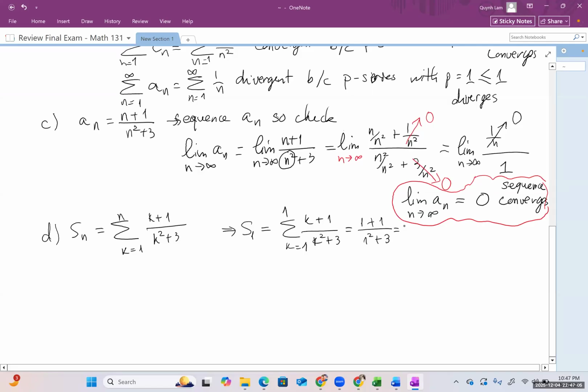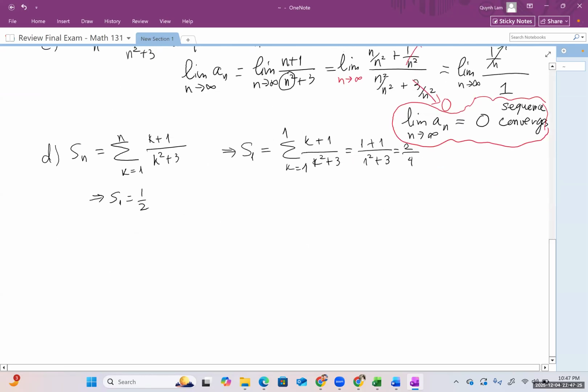That gives us 2 over 4, which is 1/2. So I'm going to write over here S1 equal to 1/2. Hopefully I didn't make any mistake.